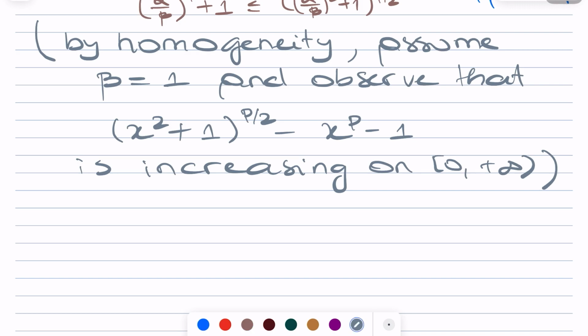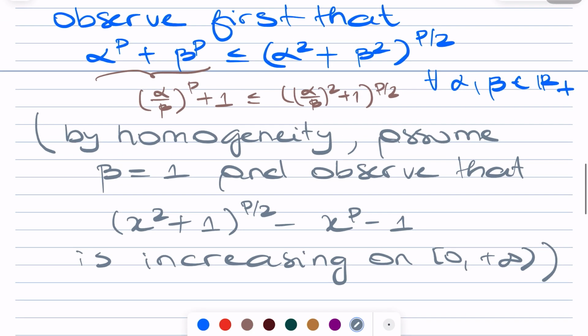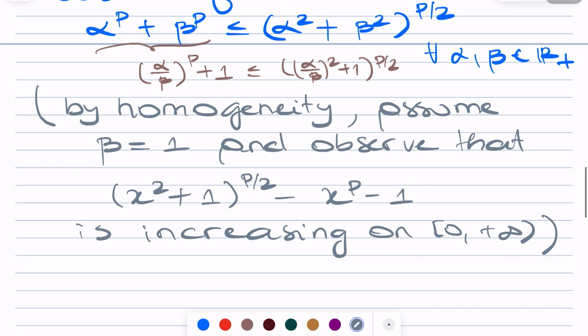So alpha to the power p plus beta to the power p is less or equal than alpha squared plus beta squared, everything raised to the power p over 2.